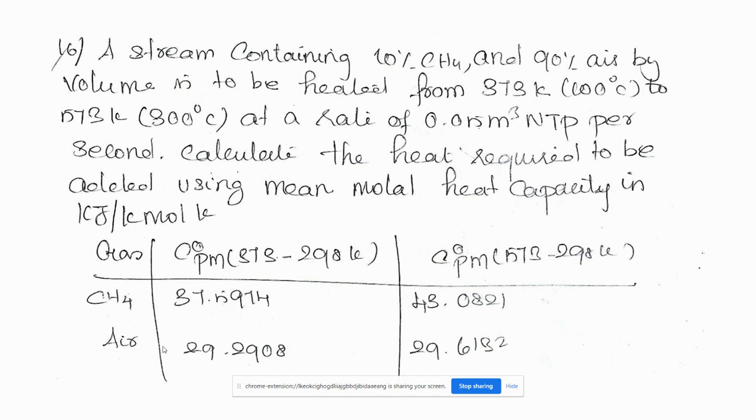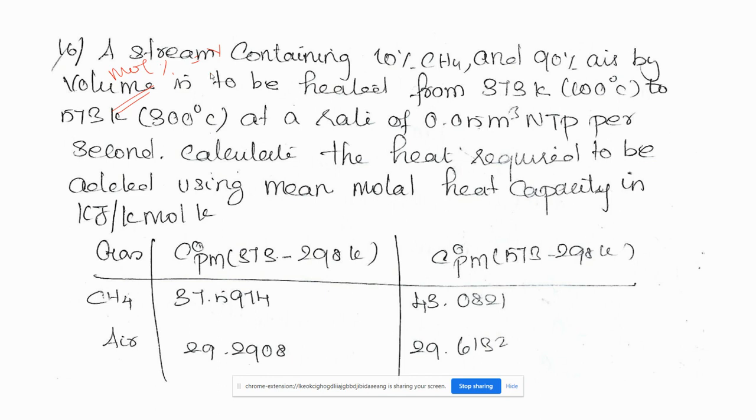So the next problem is a stream containing 10 percentage CH4 and 90 percentage air by volume. Consider here it is given by volume, so we can consider mole percentage is equal to volume percentage, no problem in that.